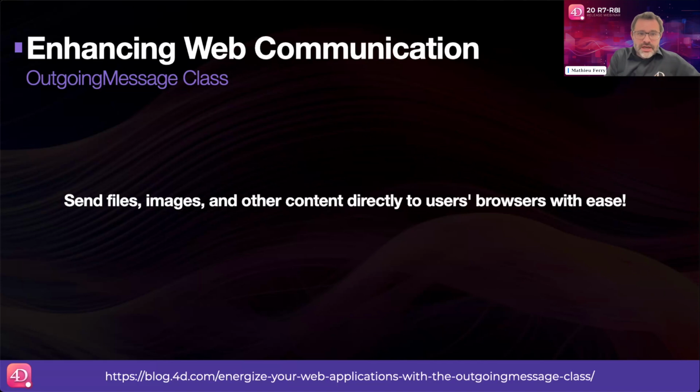This class enables seamless file downloads and binary data handling with REST responses. This allows developers to send PDFs, images, or any content type effortlessly. Plus, the new on-HTTP GET keyword simplifies API interactions by enabling GET requests. This means a smoother, more intuitive experience for users and fewer workarounds for developers.